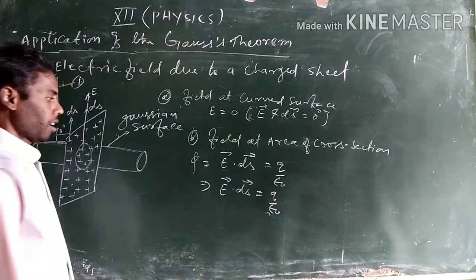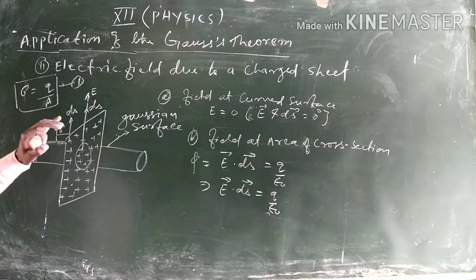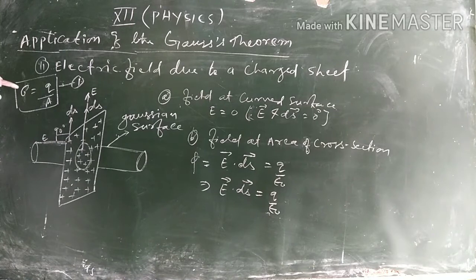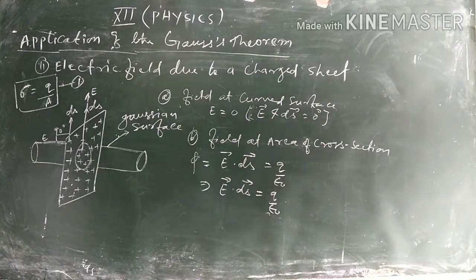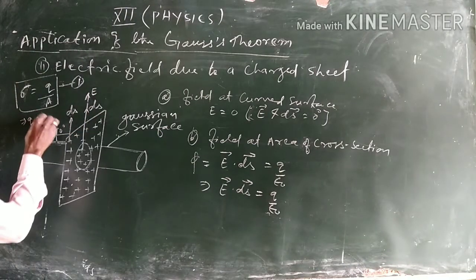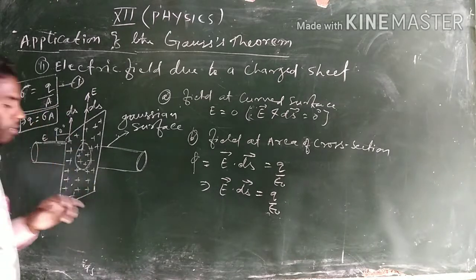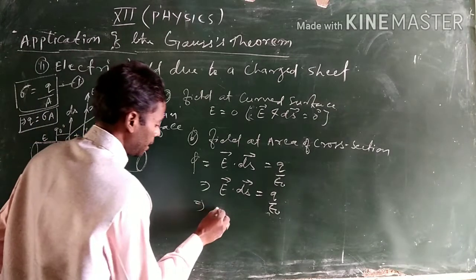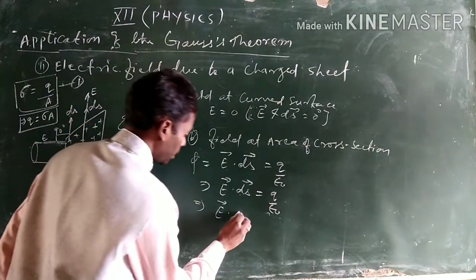Here we will use the surface charge density, sigma. Sigma is equal to charge per unit area, that means Q is equal to sigma into A. E stays as it is, and in place of ds we put the area.